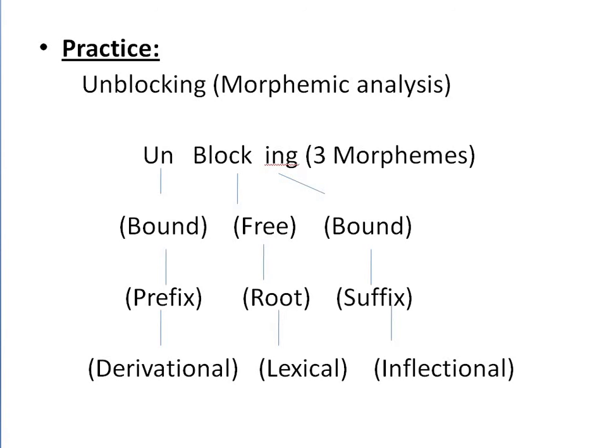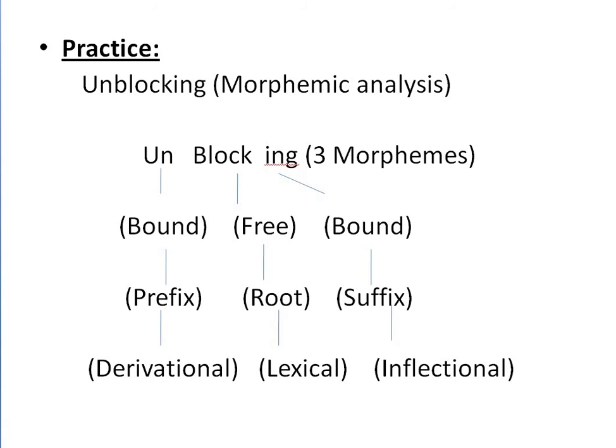So block is free and lexical. Then ing is a bound morpheme. Which type of bound? The ing shows the tense, that something is in a progressive state. So it's inflectional.